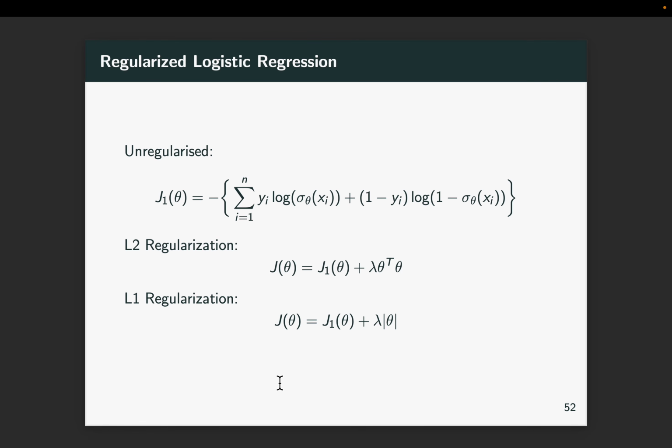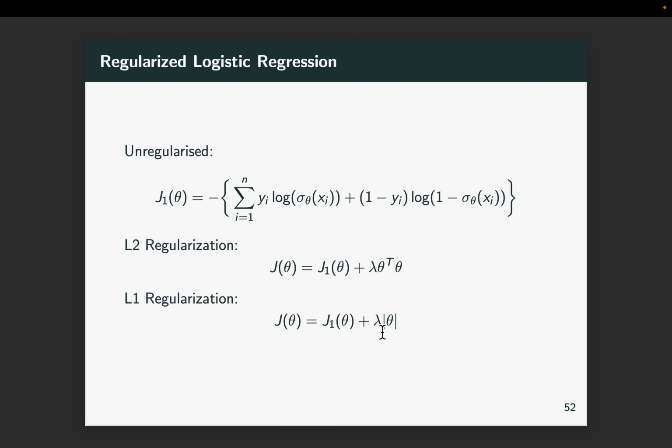Previously, we've seen in linear regression that we want to regularize in order to ensure that we're not overfitting. One way we saw was to put a penalty on the L2 norm of theta or the L1 norm of theta. We can do pretty much the same thing here. We can use the unregularized binary cross entropy loss, plus lambda times the L2 norm of theta squared, or plus lambda times the L1 norm of theta.